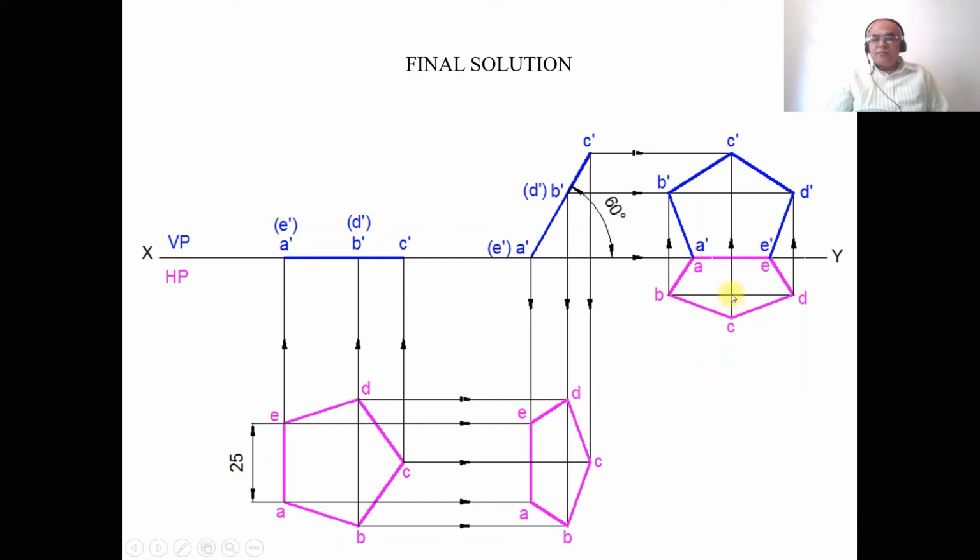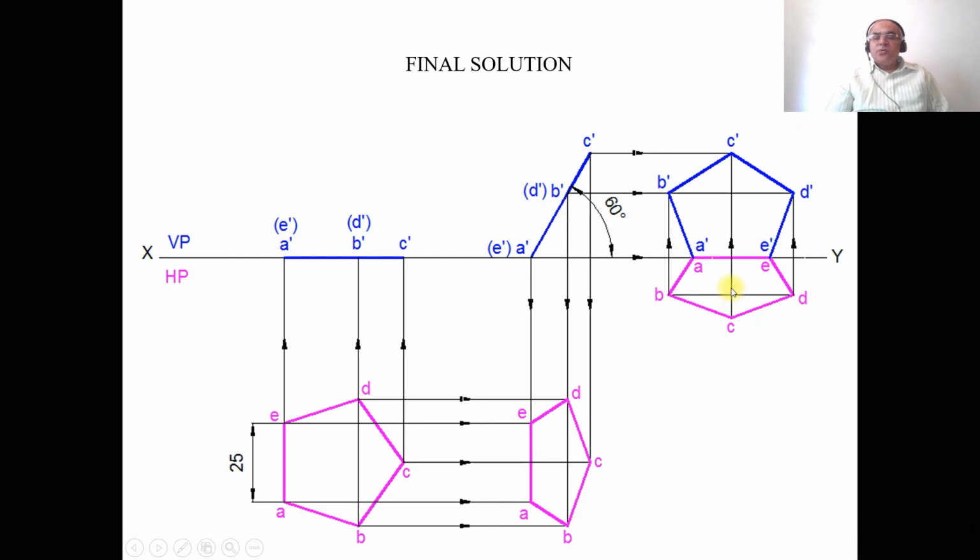Transfer from this point towards the left side, and you mark this point as B, and from this point towards the right side, you mark this point as D. Then join A to B, B to C, C to D, D to E, and E to A with a dot line. So this is how we will be able to rewrite this second position top view in the third position.